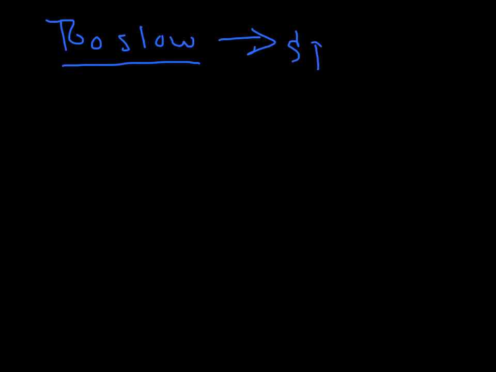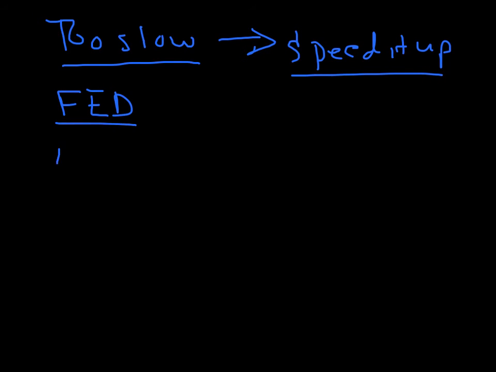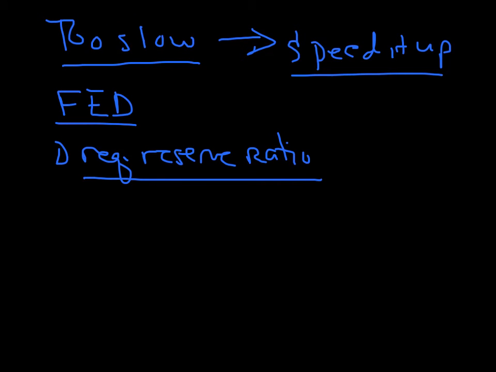So specifically, if once again the economy is too slow, to reverse this, our goal is to speed it up. The Fed can intervene, and they can change the required reserve ratio. Once again, the Fed wants more money to be circulated in the economy.